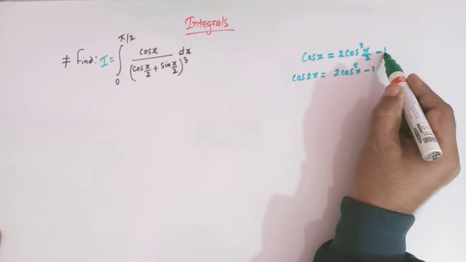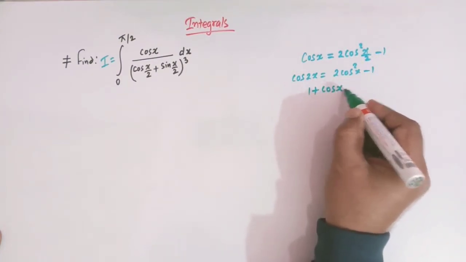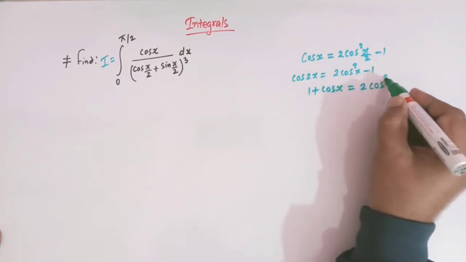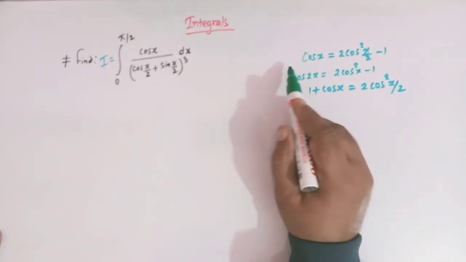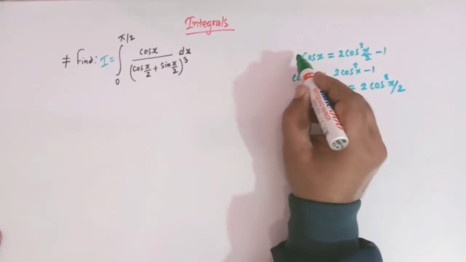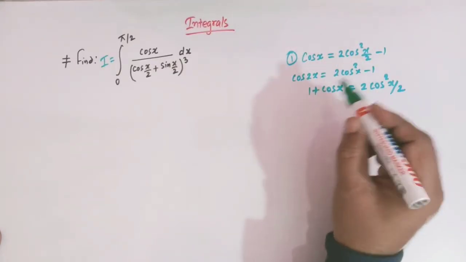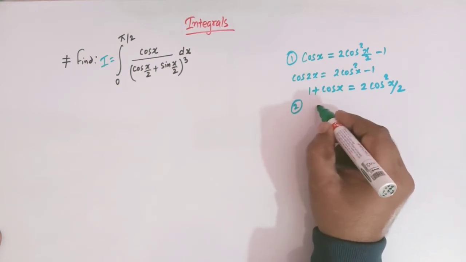Now if we take this negative sign to this side, we have 1 plus cos x is equal to 2 times cosine square x over 2.